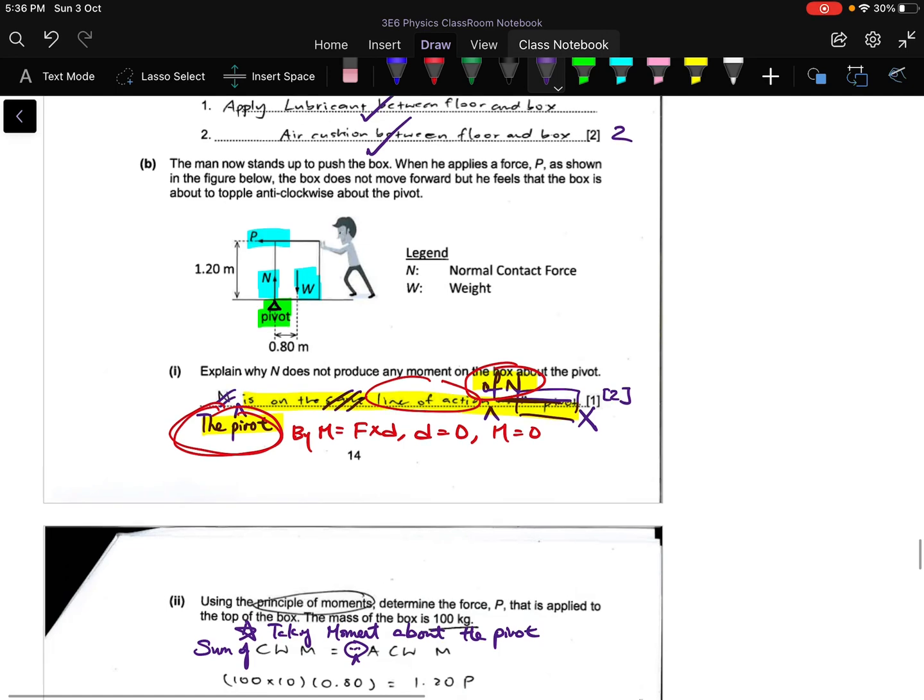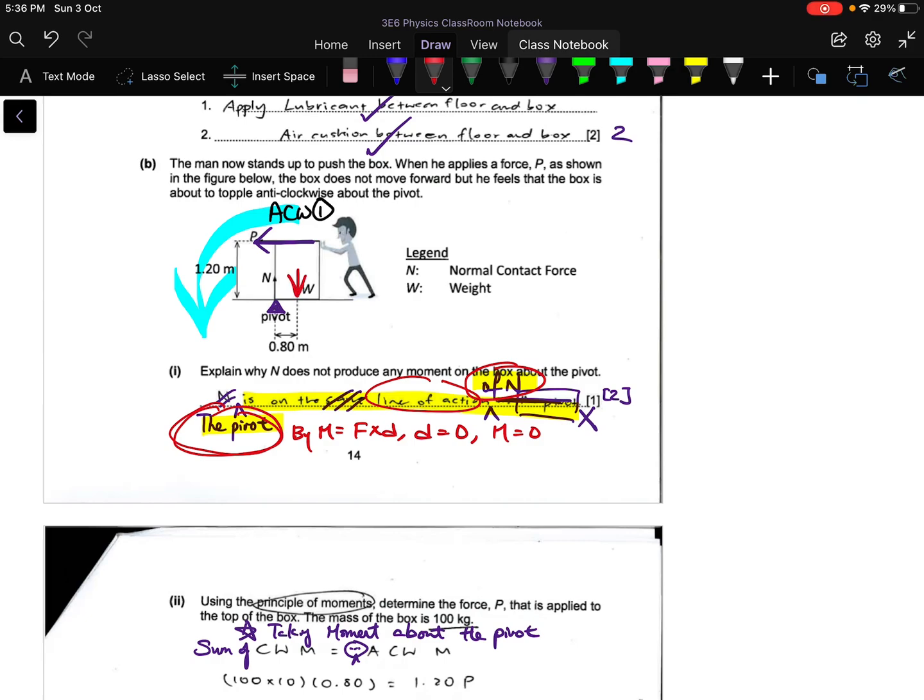So let's take a look at this. Clearly you can see that there is P and then there's a pivot here. So this P will create a moment that is this way. So this will give me anticlockwise 1.